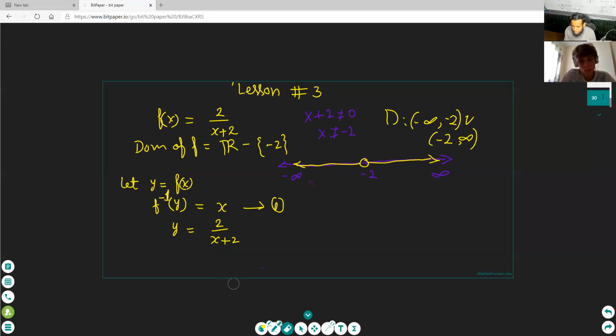y into x plus 2 is equal to 2. Then we multiply: yx plus 2y is equal to 2.